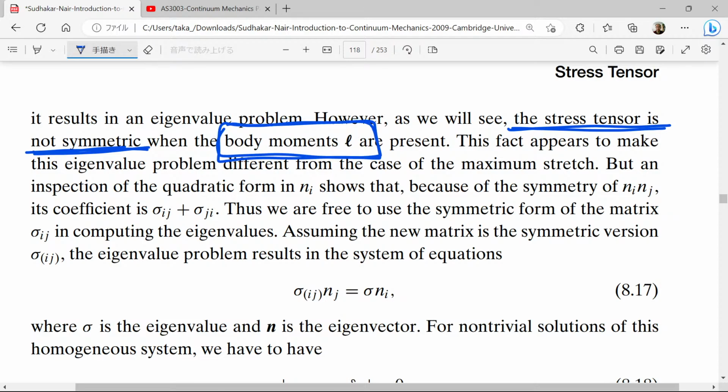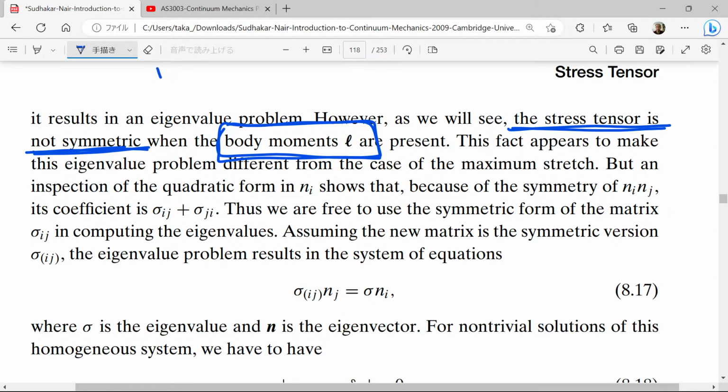This fact appears to make this eigenvalue problem different from the case of maximum stretch. But an inspection of the quadratic form in n shows that because of the symmetry of ni nj, its coefficient is sigma ij plus sigma ji.